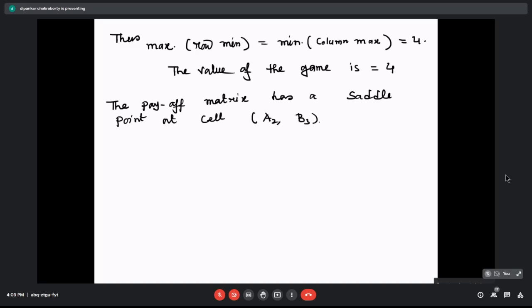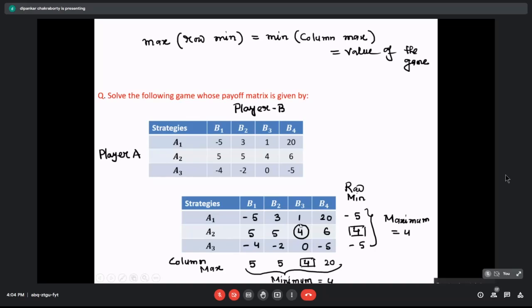Okay. And what are the optimal strategies for the player A? Now when you have the saddle point, that means player A and player B both have pure strategies, right? So here for A, what is the optimal strategy? Just look at that. How will A get 4? What strategy will A play so that A will get that 4 rupees?